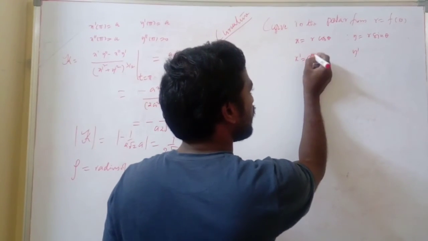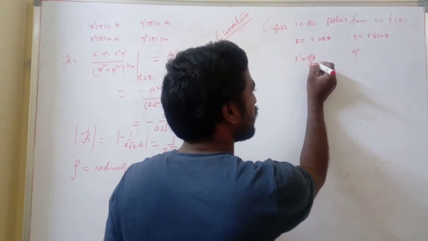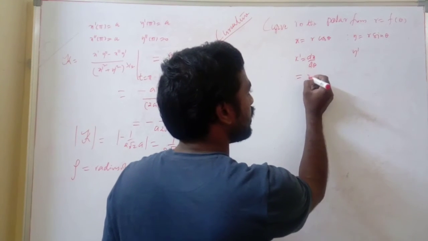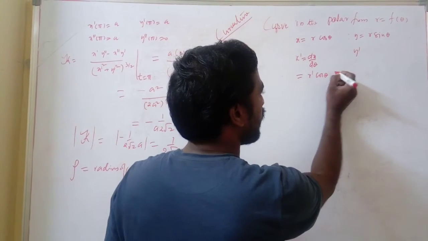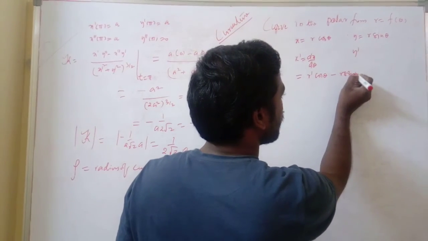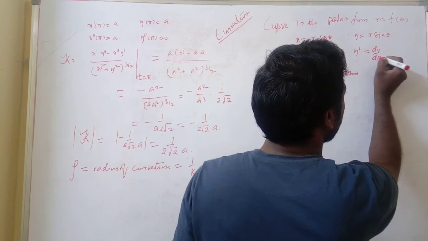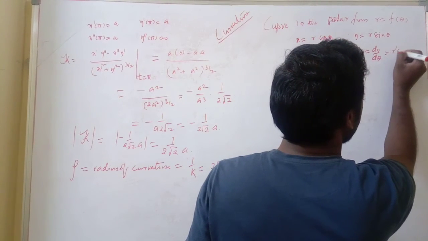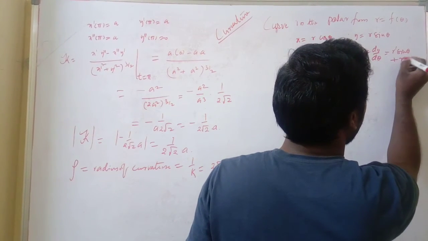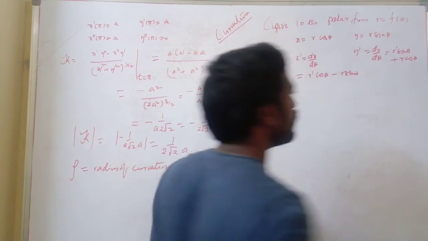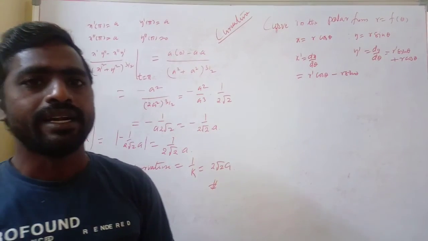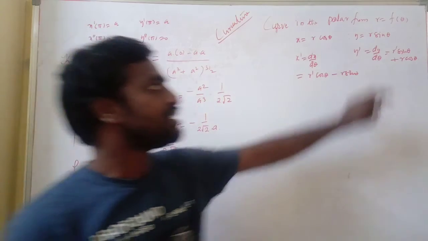That means dx by d theta is equal to r dash cos theta minus r sin theta, and similarly y dash, that is dy by d theta, is equal to r dash sin theta plus r cos theta. Here r dash is dr by d theta because r is a function of theta.